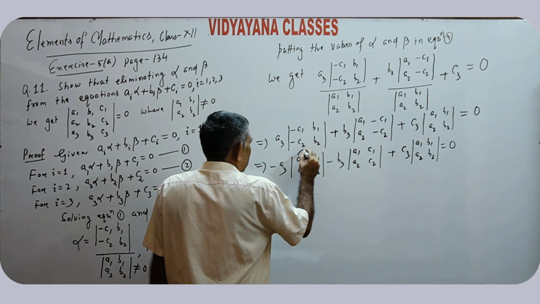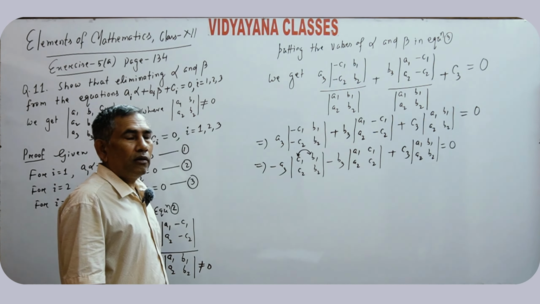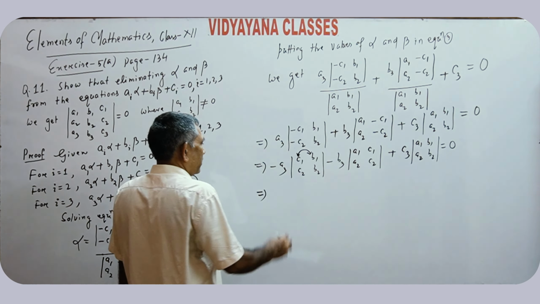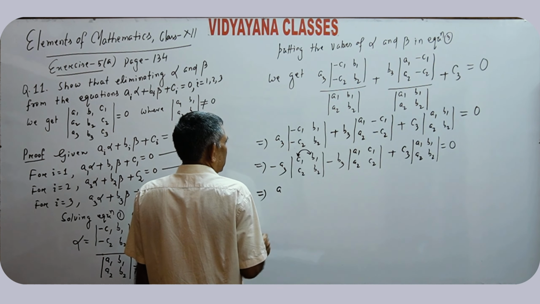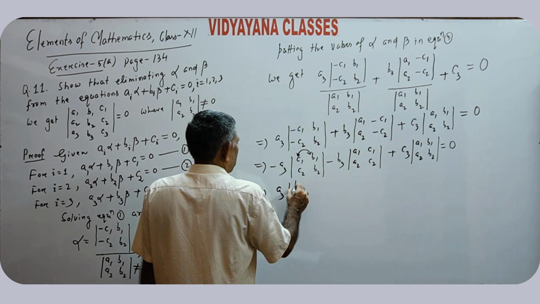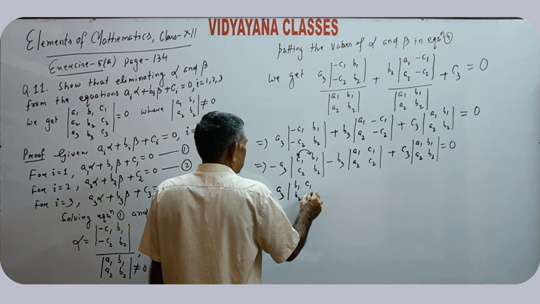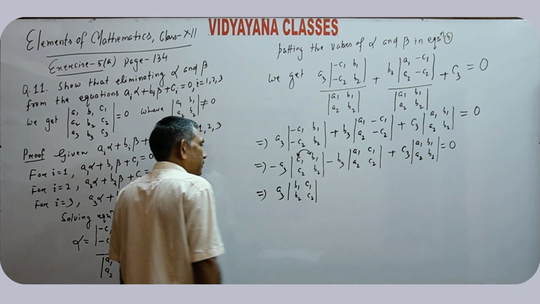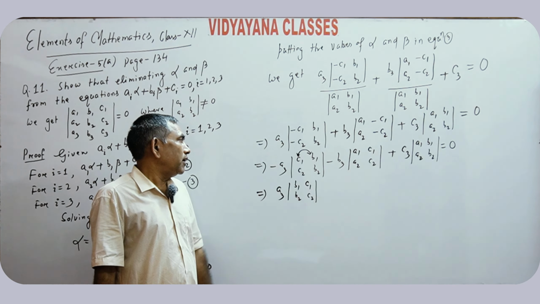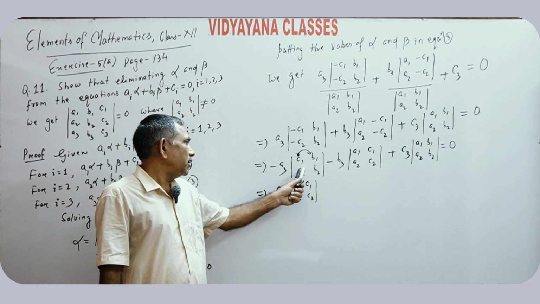Now interchanging column 1 and column 2, we will get A3, B1, B2, C1, C2. The sign of the determinant changes if any two rows or any two columns are interchanged.